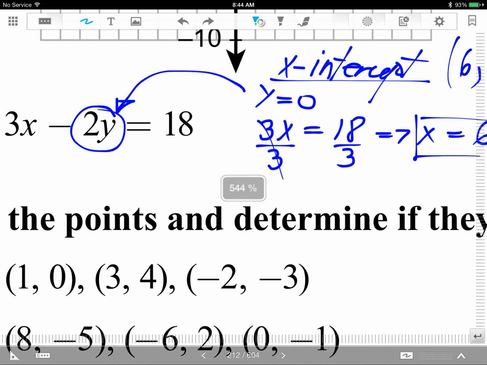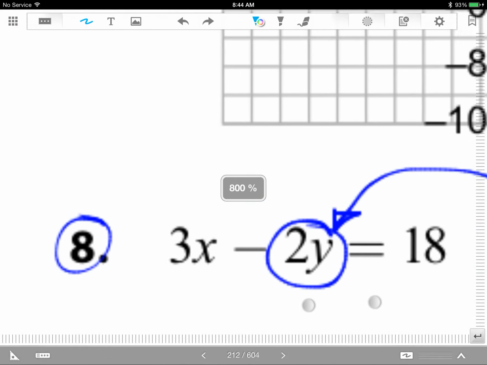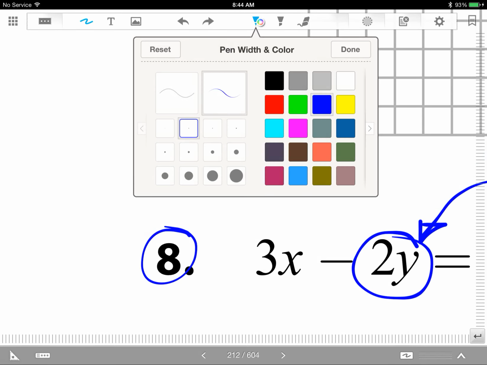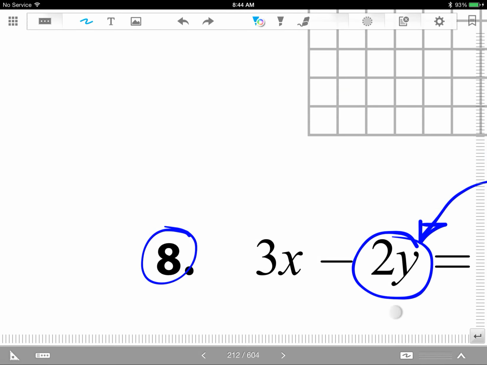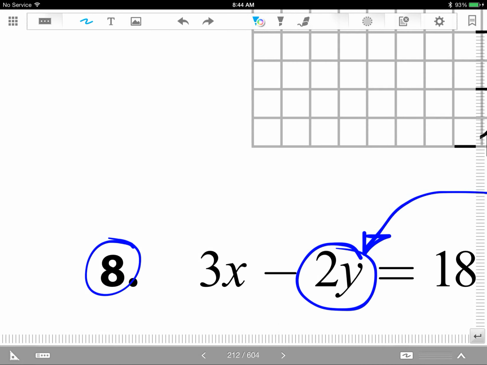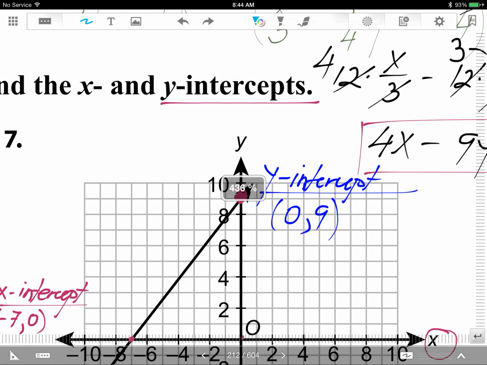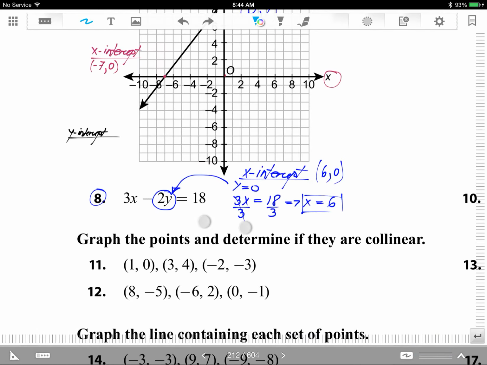To find your y-intercept for this problem, let's use black for that. What we said is, where your graph crosses the y-axis, your x is 0. And that's what you're going to do here.